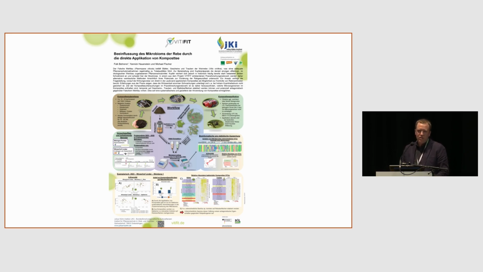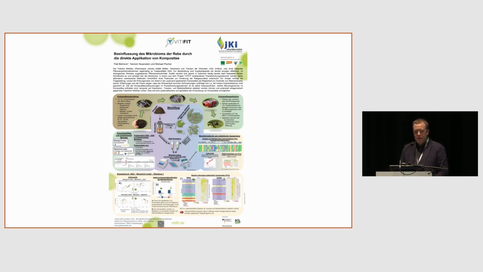And we have seen some excellent efficiencies in viticulture, but there are fluctuations due to various weather conditions or application conditions or different compost types. The practical research network, VITIFIT, came up with a question whether we could maybe look at this in a more systematic way to identify the efficiency and make it applicable in a more stable way.